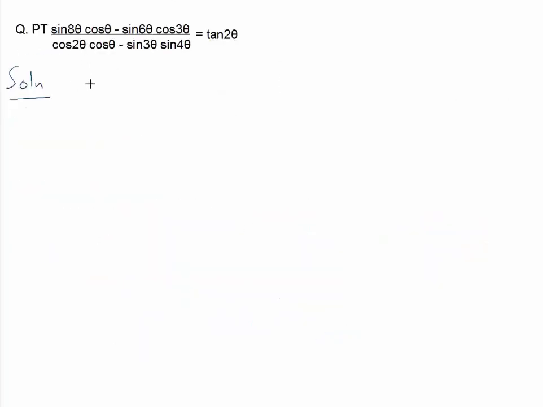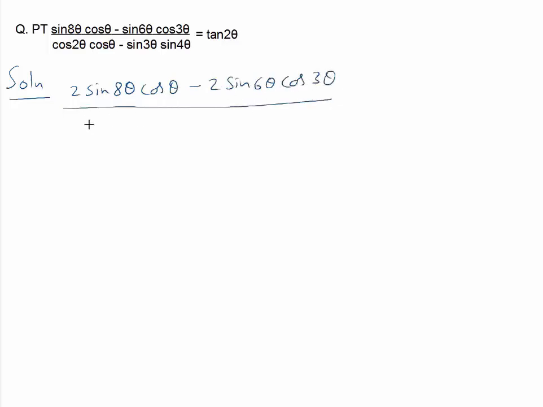So first of all, let's multiply both numerator and denominator by 2. So this would become 2 sine 8 theta cos theta minus 2 sine 6 theta cos 3 theta, divided by 2 cos 2 theta cos theta minus 2 sine 3 theta sine 4 theta.